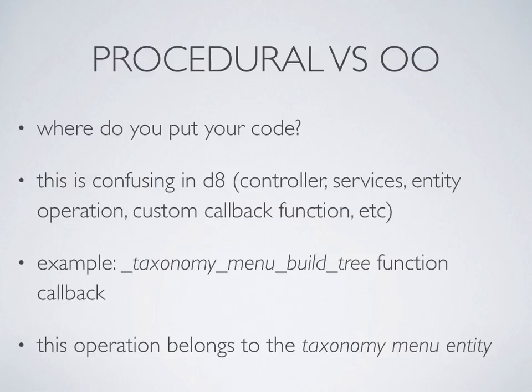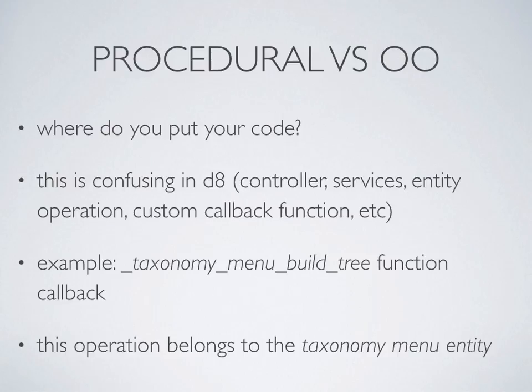Now, what is an example that doesn't work? Well, first and foremost, when I was porting taxonomy menu, I had a custom PHP function callback called taxonomy menu build tree. Well, we already had a taxonomy menu entity. That build tree shouldn't have been a callback. That should have been a function of the entity.